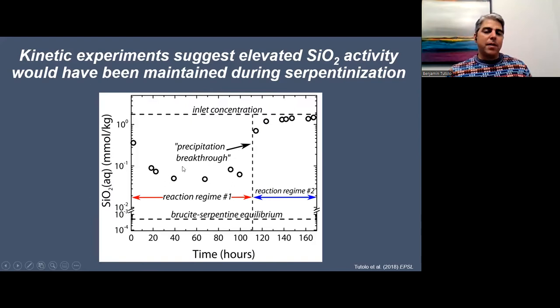This is a reaction with aqueous silica and the mineral brucite, and it shows that once you armor the surfaces of your brucite into serpentine minerals, the reaction rate becomes so slow that you can actually see silicon activities persist through a hydrothermal system that would have been circulating silica-rich seawater.